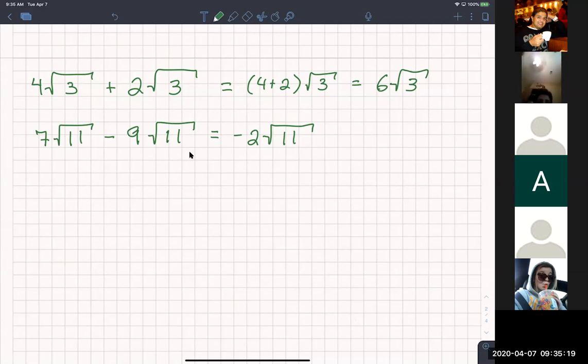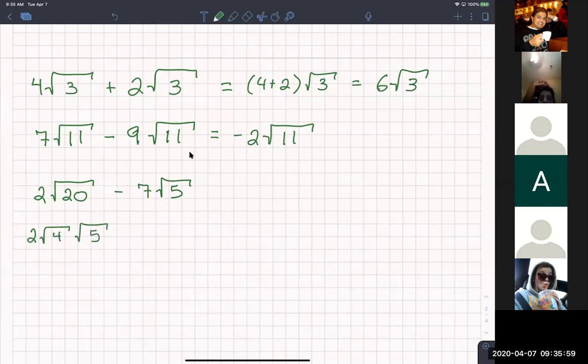Now, what if I have a problem like this? Normally you can't combine this because the radicals are different. But remember, what can I do with this 20? Remember I told you? Simplify it. Yeah, so how do we simplify 20? How do we break it up? 5 and 4.